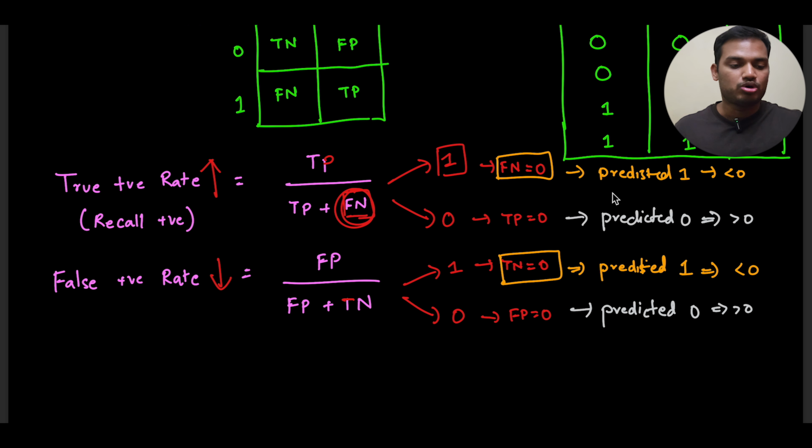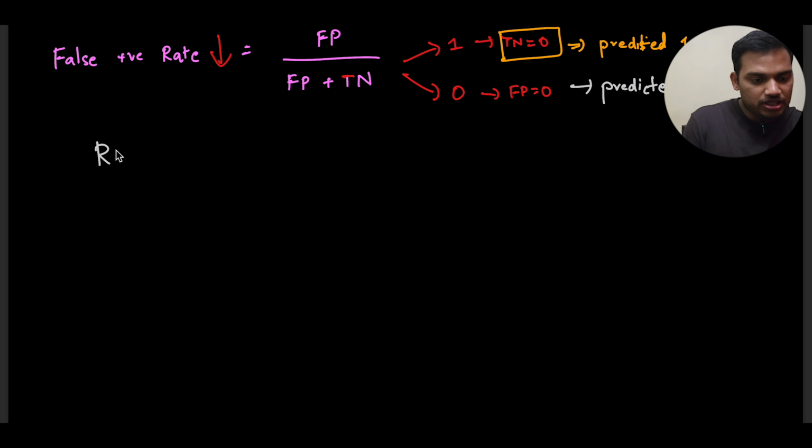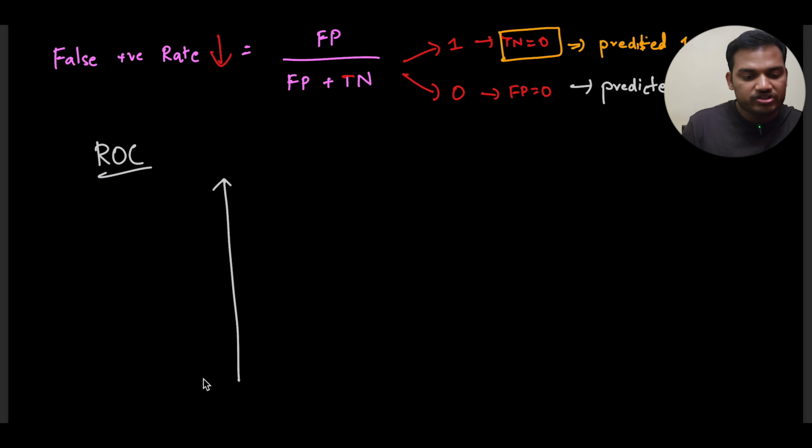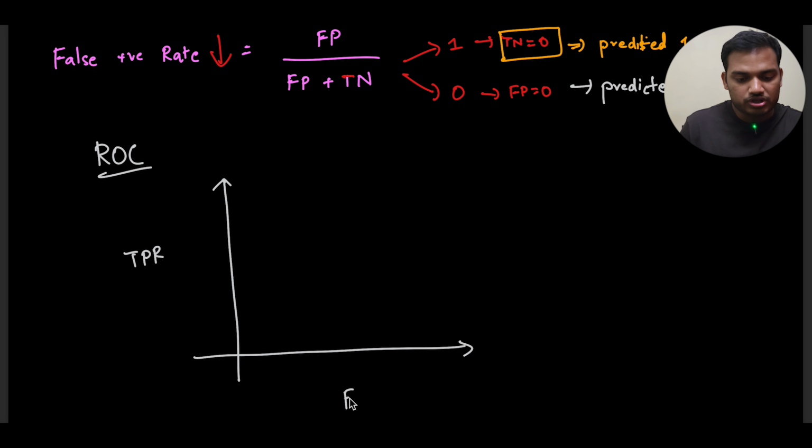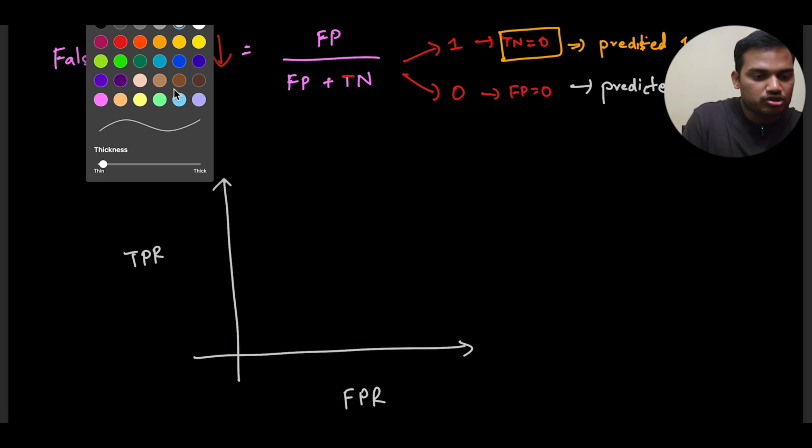This is about true positive rate and false positive rate. And the ROC curve is a graph between these two, that is true positive rate and false positive rate. Basically, on the x-axis we have the true positive rate, on the y-axis we have the false positive rate, and between these two we draw the ROC curve.